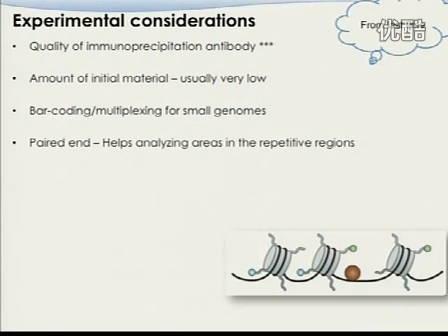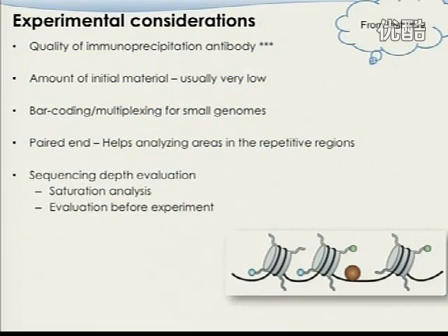And sometimes people consider paired ends, and that will help to analyze areas in the repetitive regions. If you study a transcription factor, it may not be very useful sometimes. But if you are studying some chromatin markers that are more preferably in the repetitive regions, it probably will help you a lot.